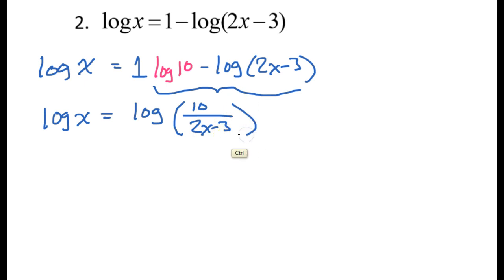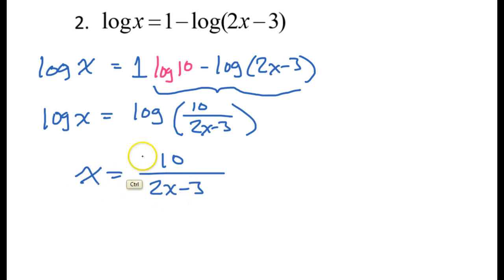That's the quotient rule. Now that I have log of something equals log of something, the arguments must be equal. The stuff inside must be equal. So that means x must equal 10 over 2x minus 3.